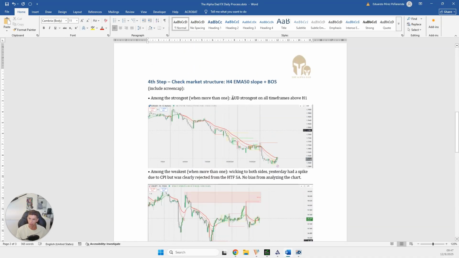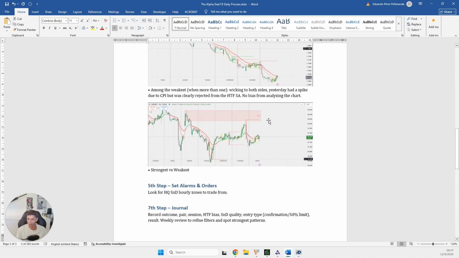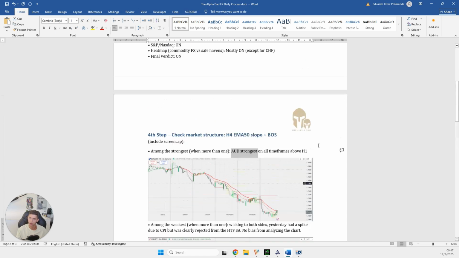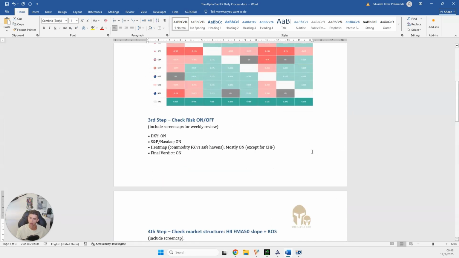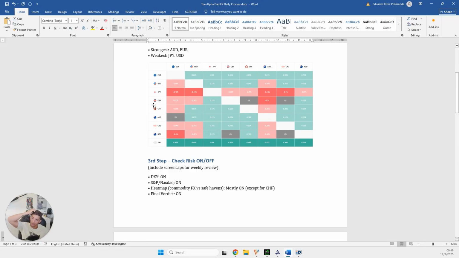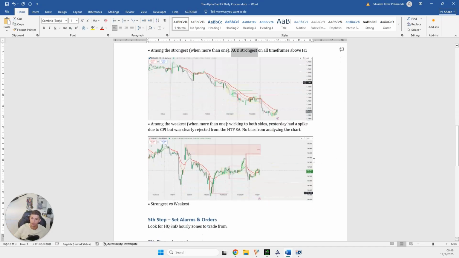We know that the AUD is the strongest, and here it told us nothing. So we go again to our relative strength based on the heat map, and we see the JPY is the weakest.